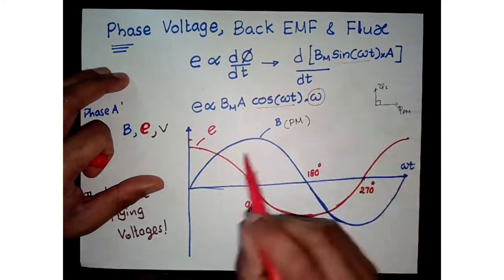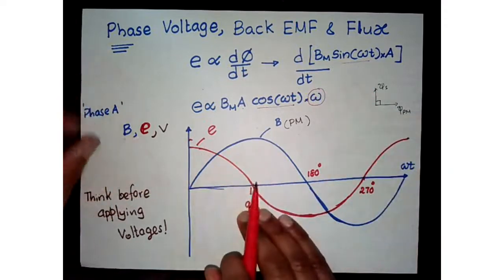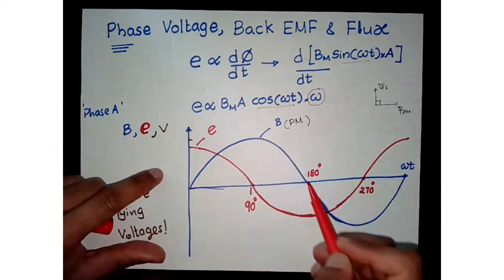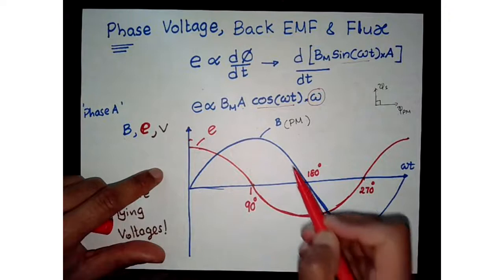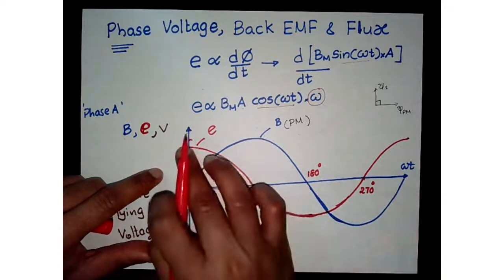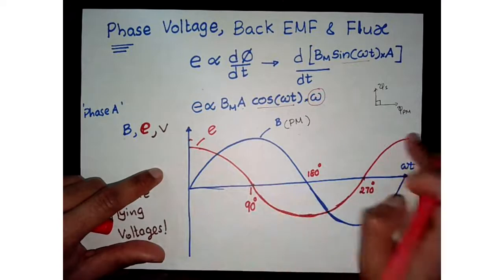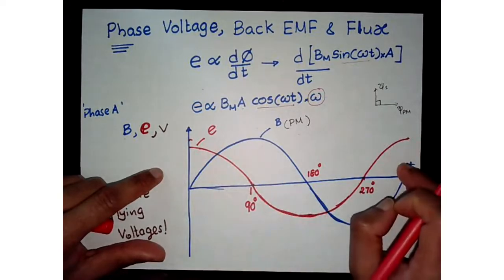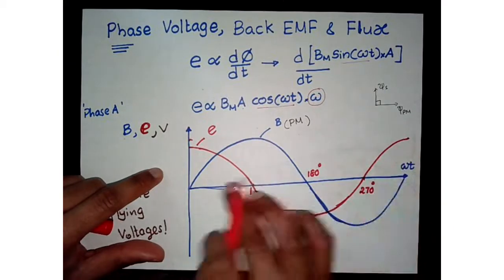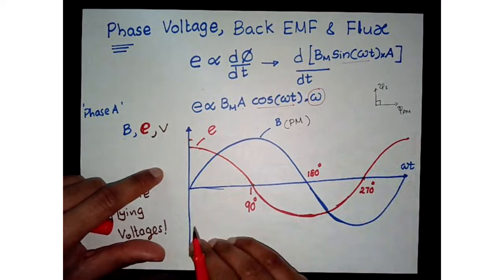All right, so this is a waveform showing you the relationship. So if you have your flux density distribution in this manner, your back EMF is going to be in a cosine relationship. It has a cosine waveform which shows that 90 degrees phase difference.